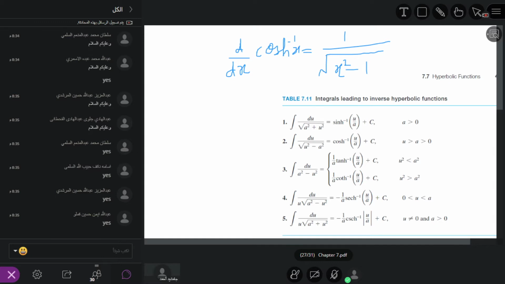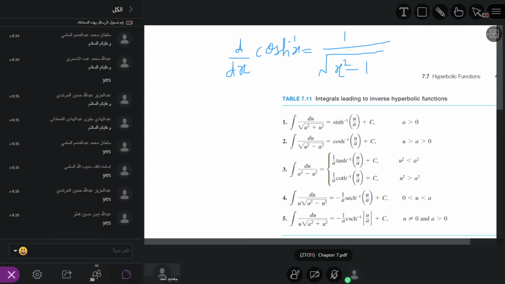Now if we have to find the antiderivative of 1 divided by square root of x square minus 1, it is equal to cosine hyperbolic inverse x plus constant.